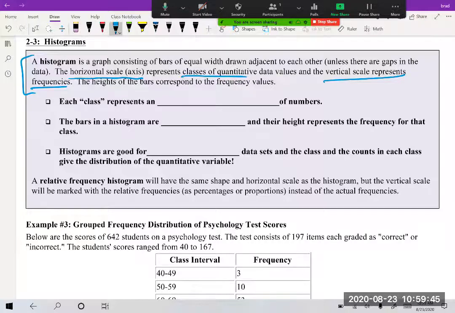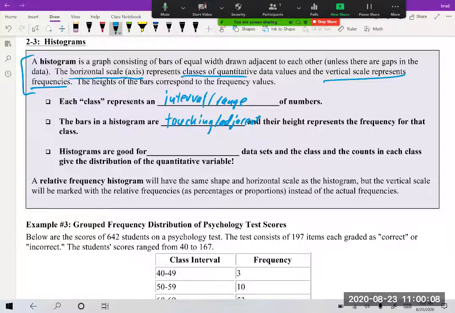So each class represents an interval or range, okay? The bars in a histogram are touching or adjacent, and their height represents the frequency for that class.